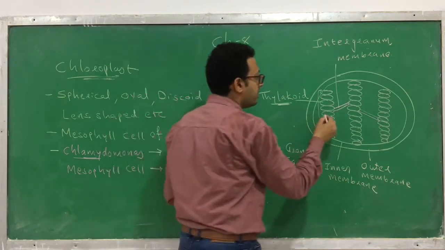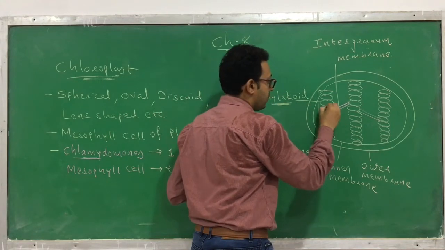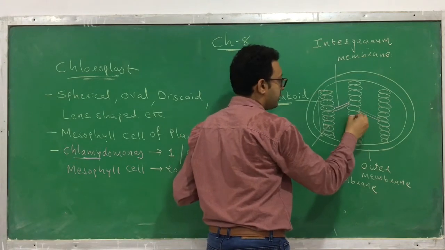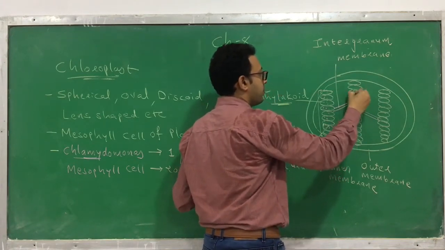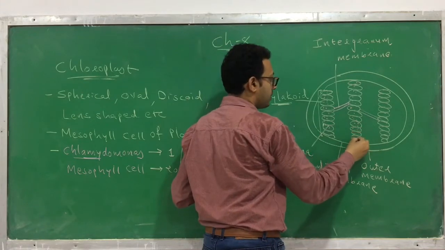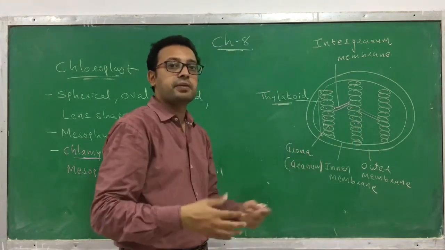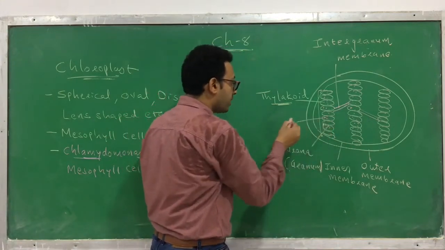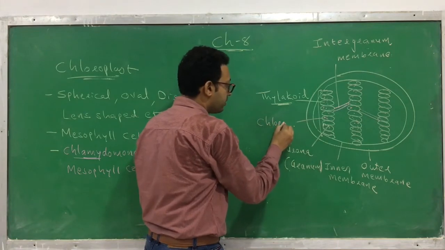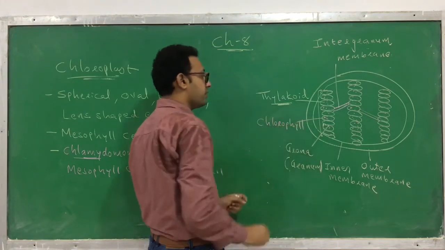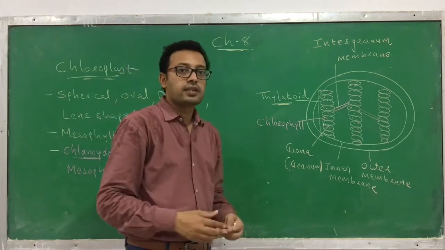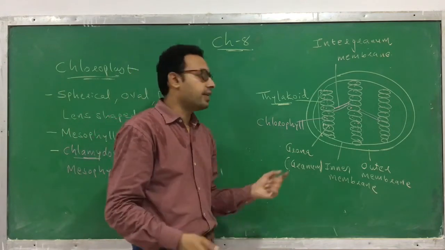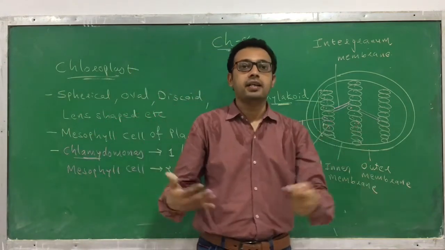And this thylakoid possesses the pigment, which we call chlorophyll. All of these are thylakoids, I am not drawing them all. Thylakoids possess the pigment, chlorophyll. So the thylakoid is a single unit. A number of thylakoids combine together and form a grana, and two grana are connected by an intergranal membrane.